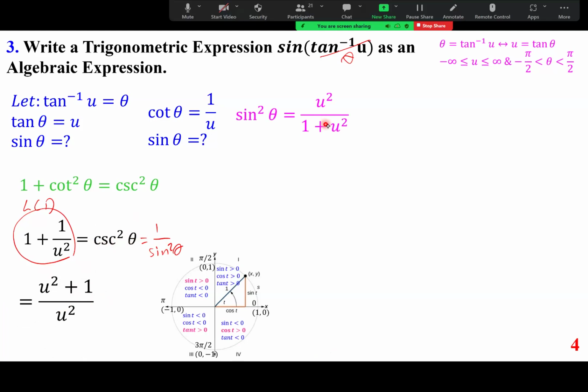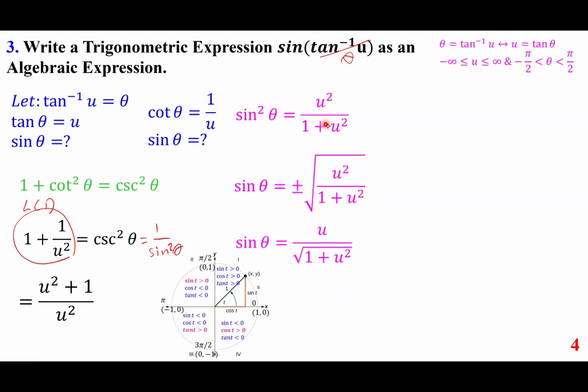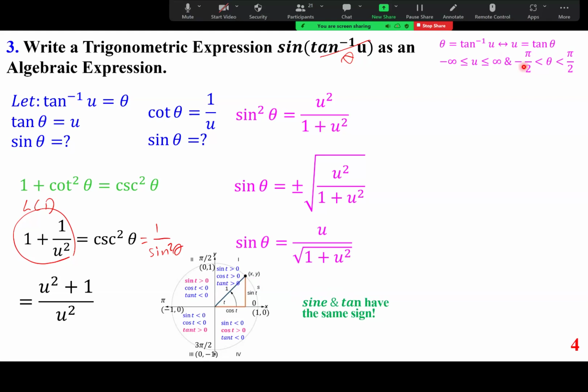So sine is plus minus the square root of this expression. And we take it to be positive because sine and tangent have the same sign. The reason is because both of them cover what quadrants? From negative pi over 2 to pi over 2. For tangent, the endpoints are not included. For sine, the endpoints, namely minus pi over 2 and pi over 2, are included. I hope everybody's fine with that.